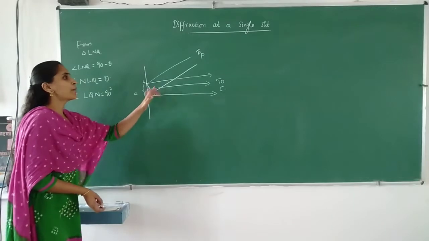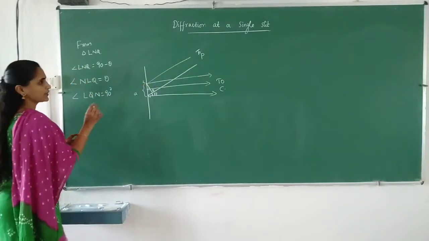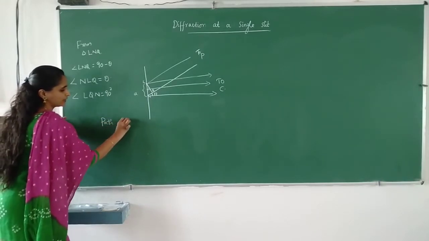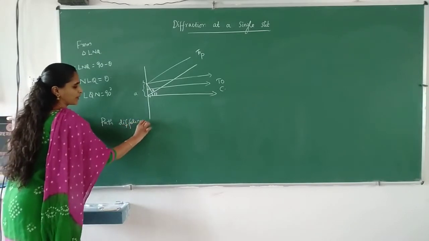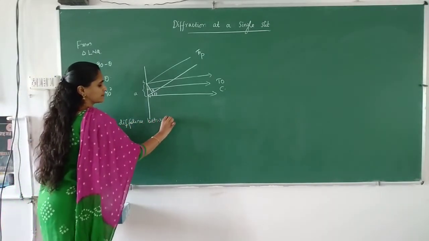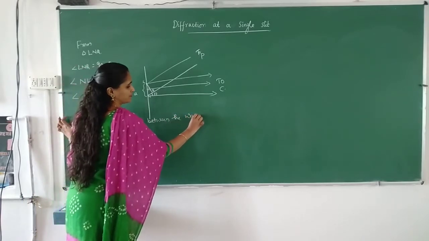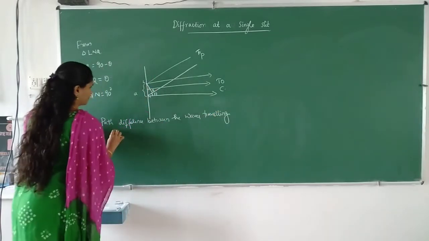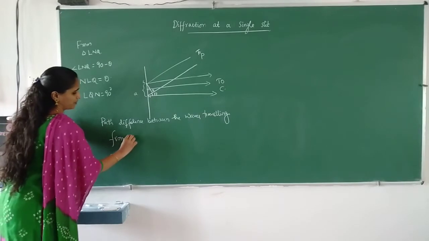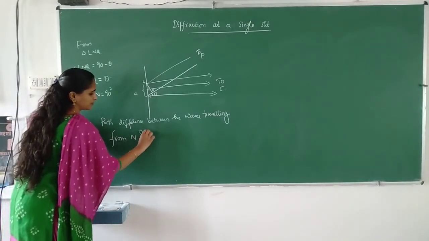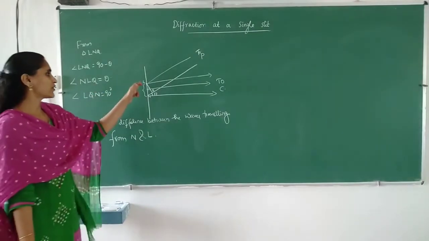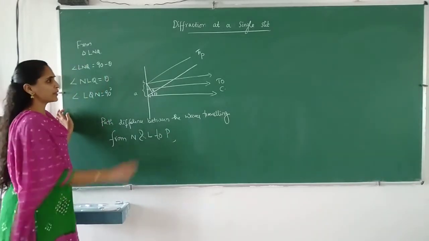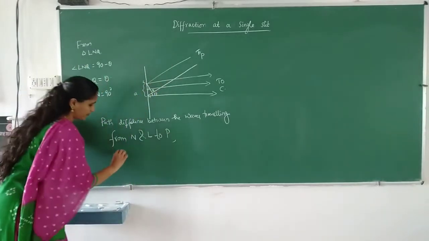Now what we have to find is the path difference between the waves traveling from N and L to P. How can we find that?